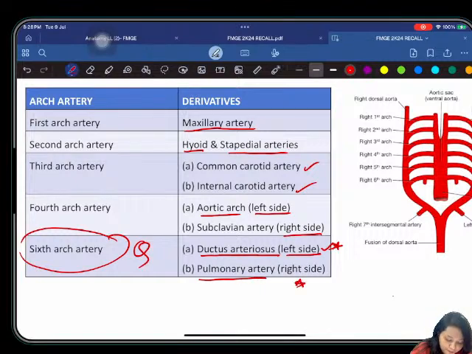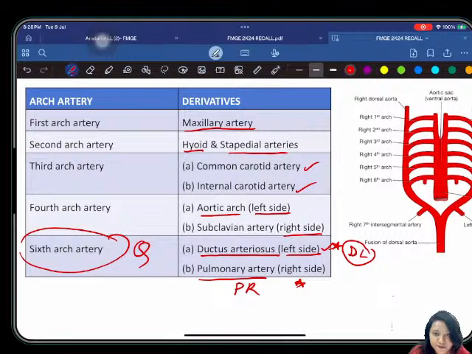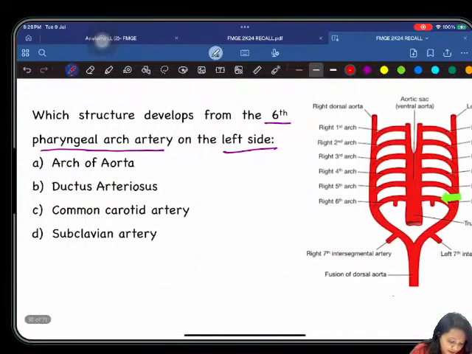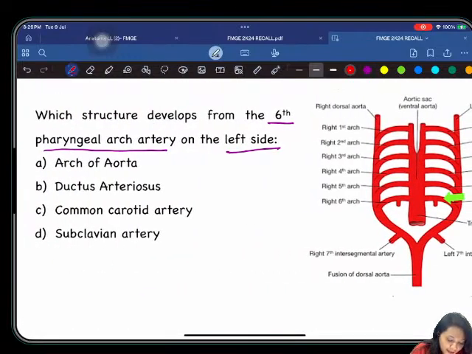Okay, PR and DL. DL for Delhi. So ductus arteriosus, Delhi people, you should remember this. The ductus arteriosus is on the left side and pulmonary artery is on the right side. So from the sixth arch, they have mentioned the left side, so the answer is DL, that is ductus arteriosus on the left side.